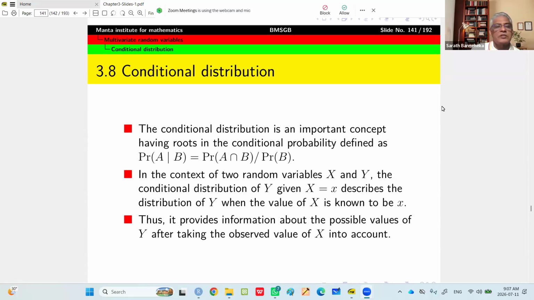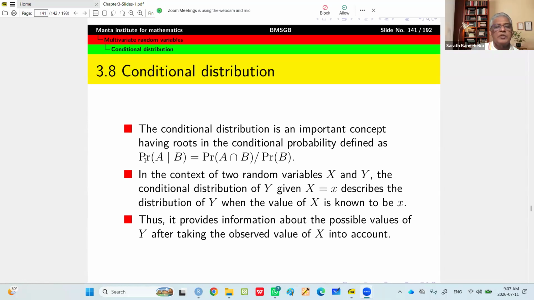In this lecture, we are going to look at the conditional distribution. We already know about conditional probability, right? If we have two events, A and B, we usually talk about the probability of A given B and also the probability of B given A, right?